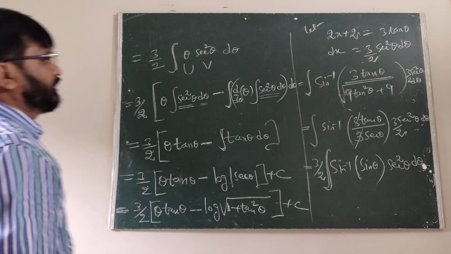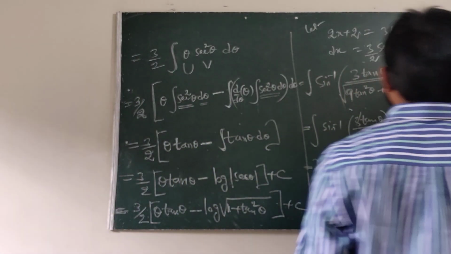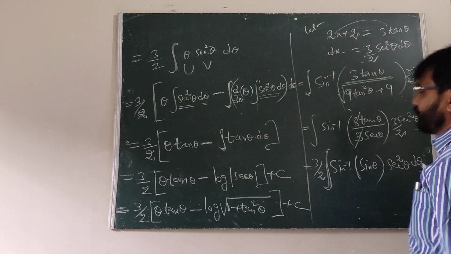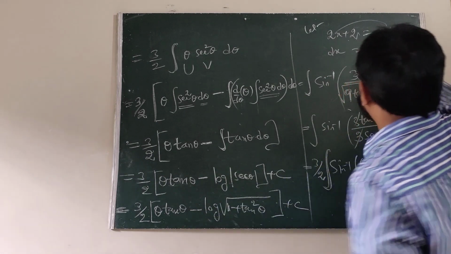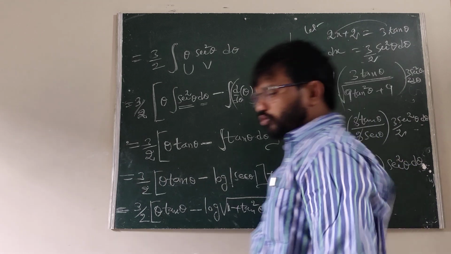Theta is tan inverse of tan theta, which is 2x plus 2 by 3.